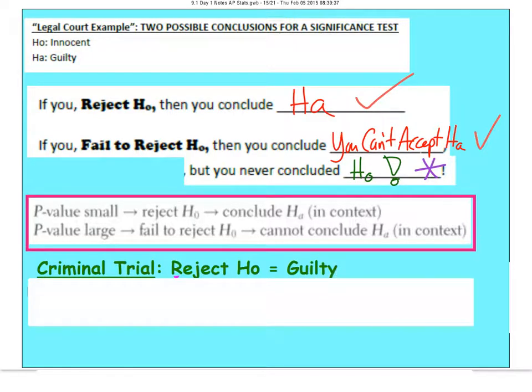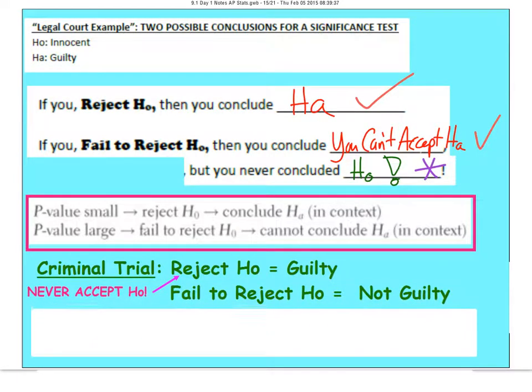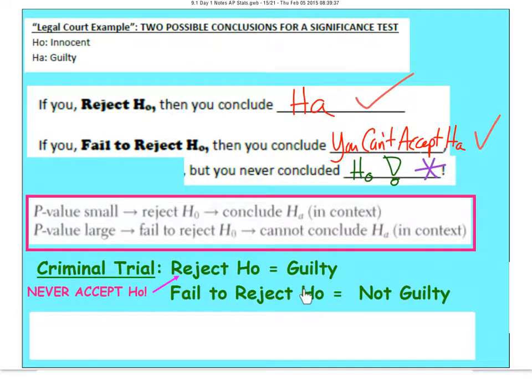But if the p-value is big enough, how you have to say it is you fail to reject H sub O, and I cannot say the person is guilty. So you actually take the converse, that you're not guilty, is all you can say. You cannot come back and say the person is innocent, because the reason they're in the courtroom right now is because there's a suspicion of guilt.